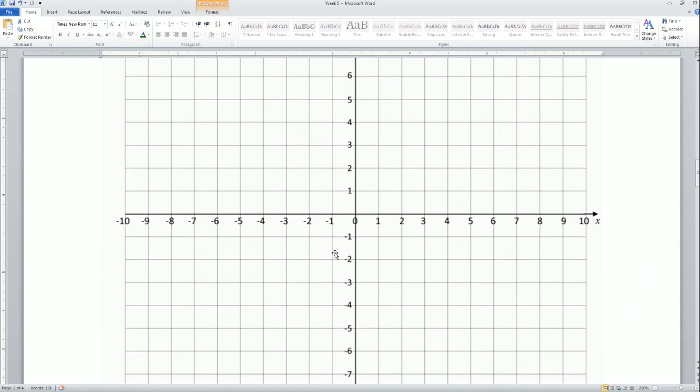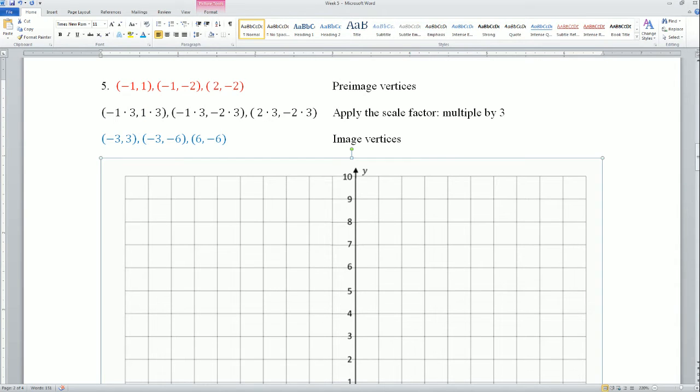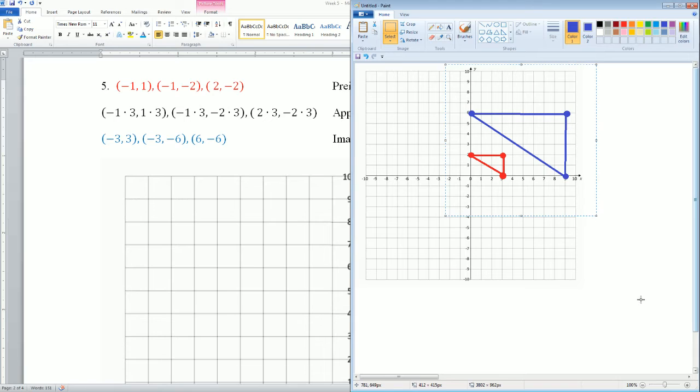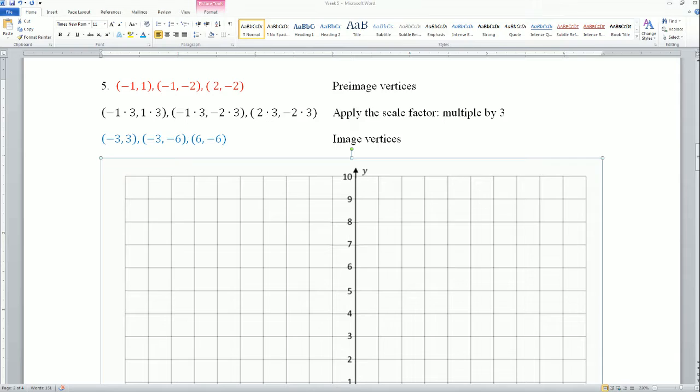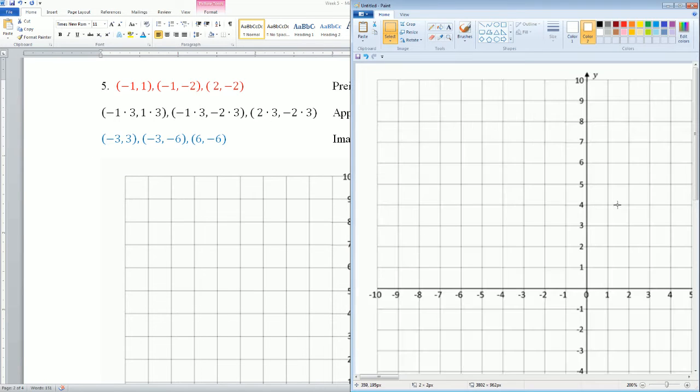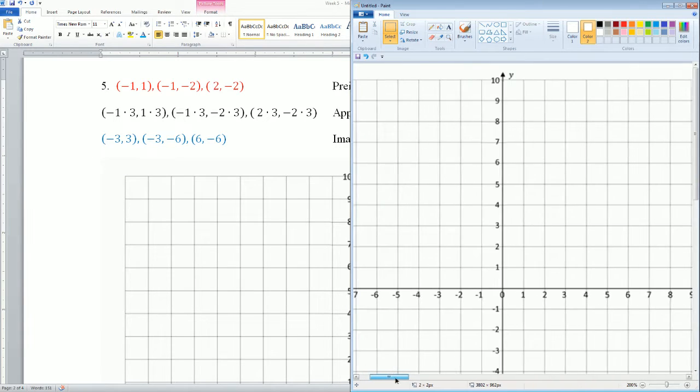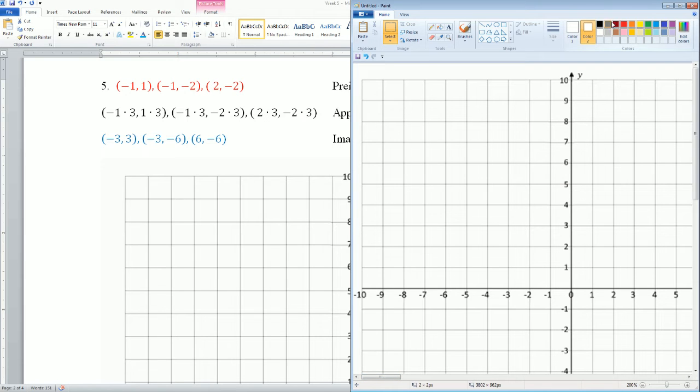So once I got that, I'm going to grab the coordinate grid. Paste the coordinate grid here. We're going to graph these points here. Let's scoot in here so we could see it a little bit better. Let's go red.